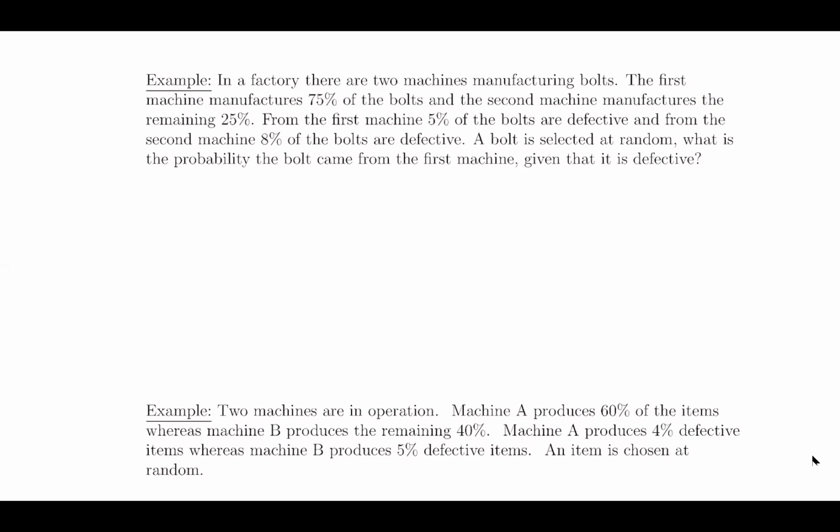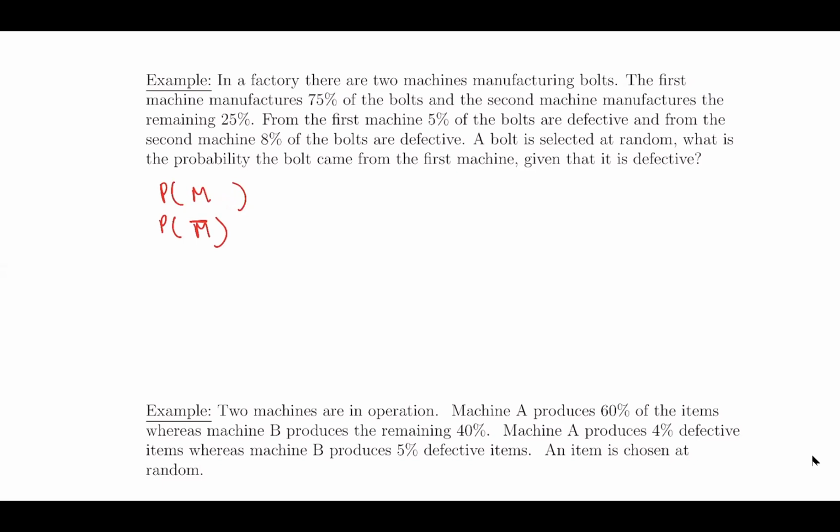So what we're gonna go ahead and do, we'll have the first machine, which is just M, and then not the first machine, which will be M bar. All right.